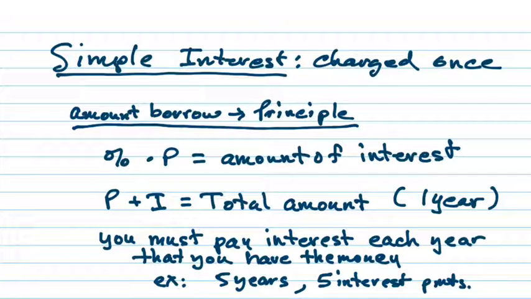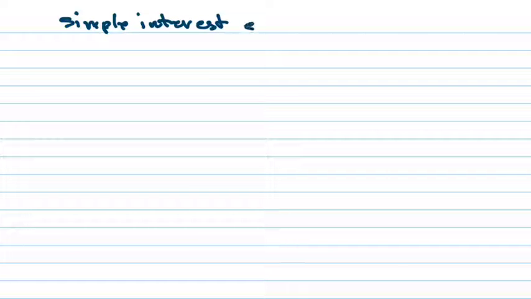All right, so let's look at an example. They give us an example in our book. It says calculate the simple interest. I'm just going to do number 1. Wait, what page is this? Doesn't matter. You're doing your notes. It's on page 45, but I'm going to write it all down. Simple interest earned. So in other words, you're putting money in a savings account and earning interest this time.